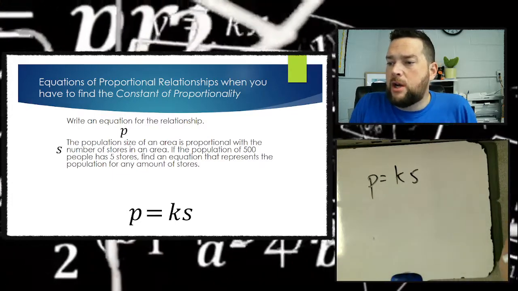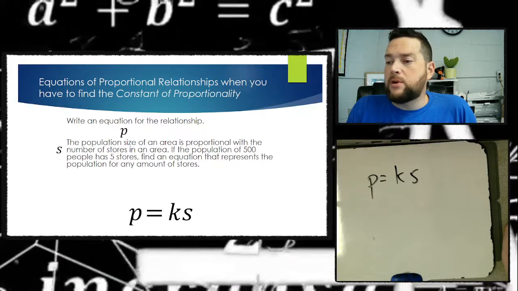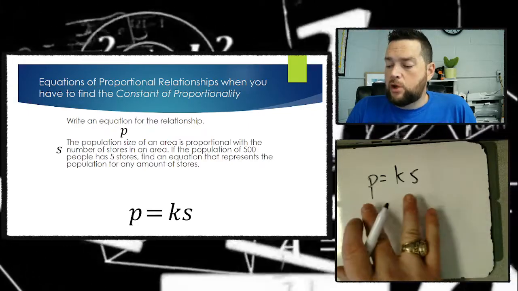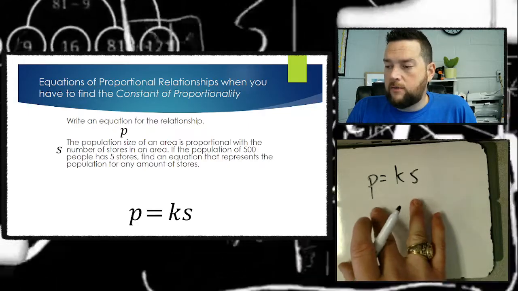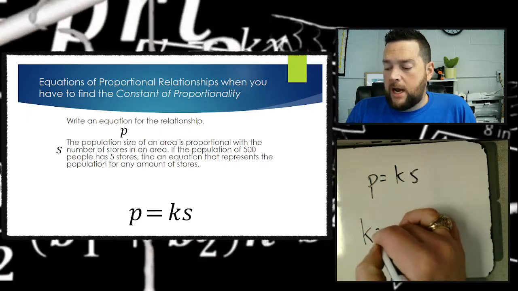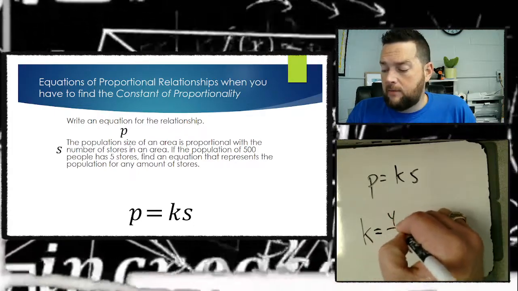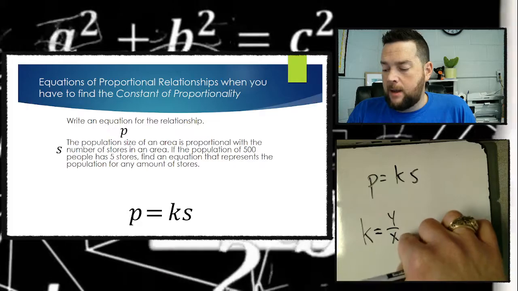Then I'm going to go to my second sentence. If the population of 500 people has 5 stores, find an equation that represents the population for any amount of stores. So we've started off with our standard equation for this problem, and now we need to know what k equals, all right? I know that the equation for k is y divided by x, output divided by input.